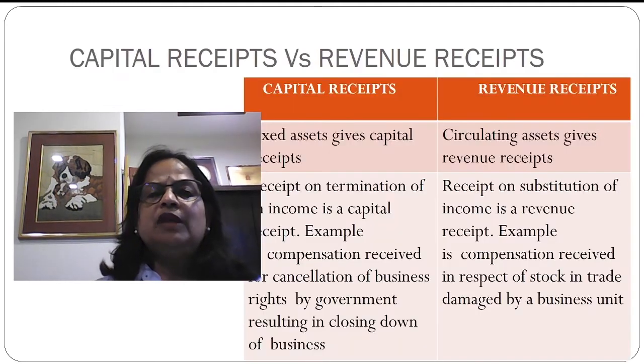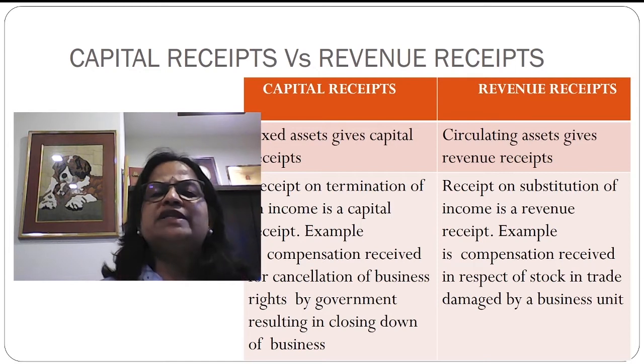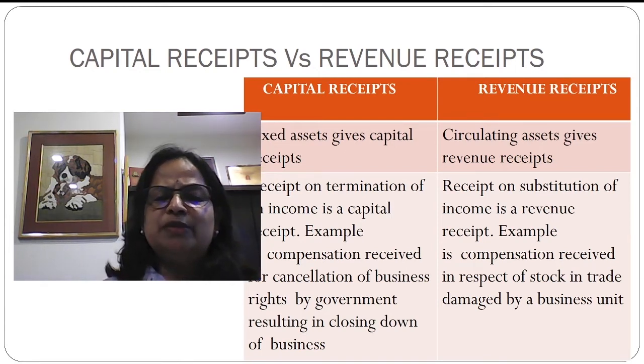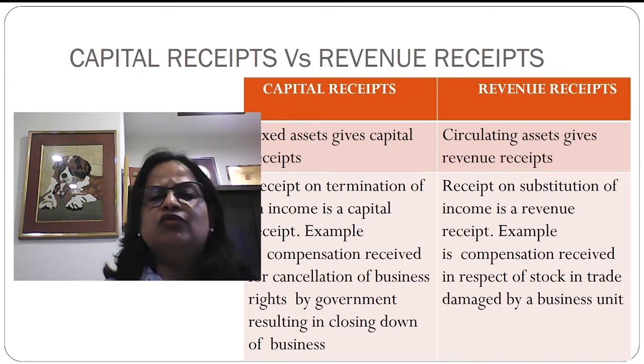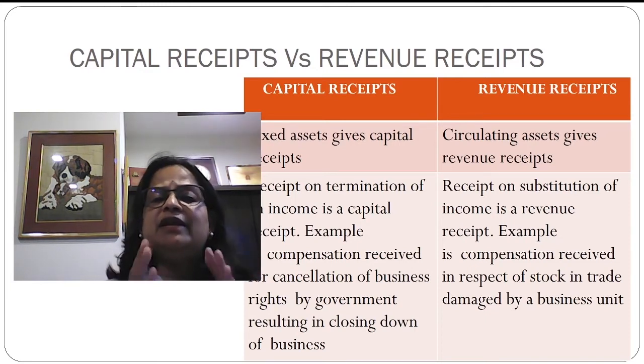Now, first point is capital receipts and revenue receipts we are going to distinguish. So capital receipts, you have to see that fixed assets give capital receipts. That means when you're buying a plant or machinery or a vehicle for long-term use or a house property, anything related to a fixed asset, it's a capital receipt.